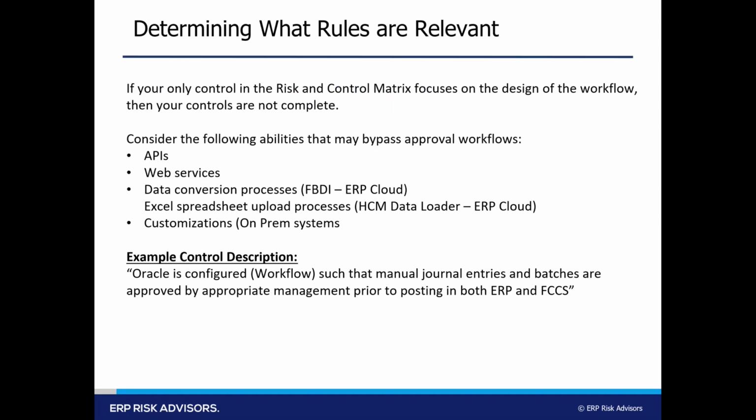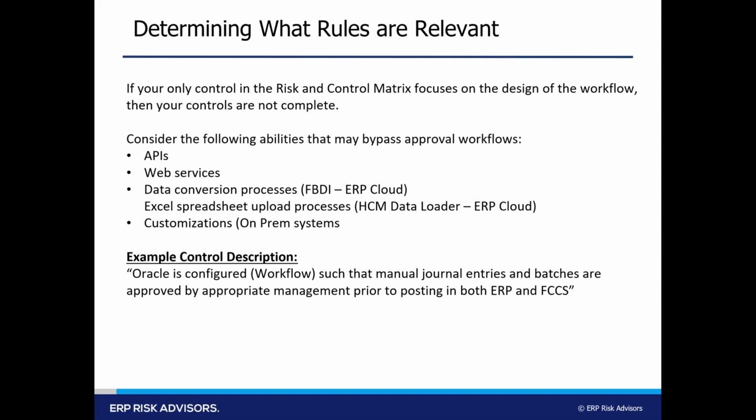And the last comment I'll make is that often the RCMs, the risk control matrices, aren't complete. They may have a control around journal entries. The control might say something like, journal entries and batches are appropriately approved by management prior to posting in ERP Cloud and FCCS.